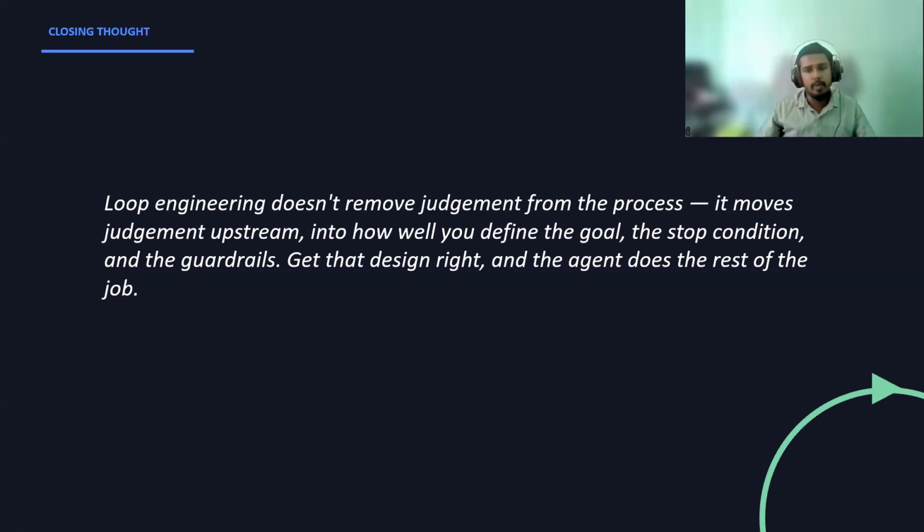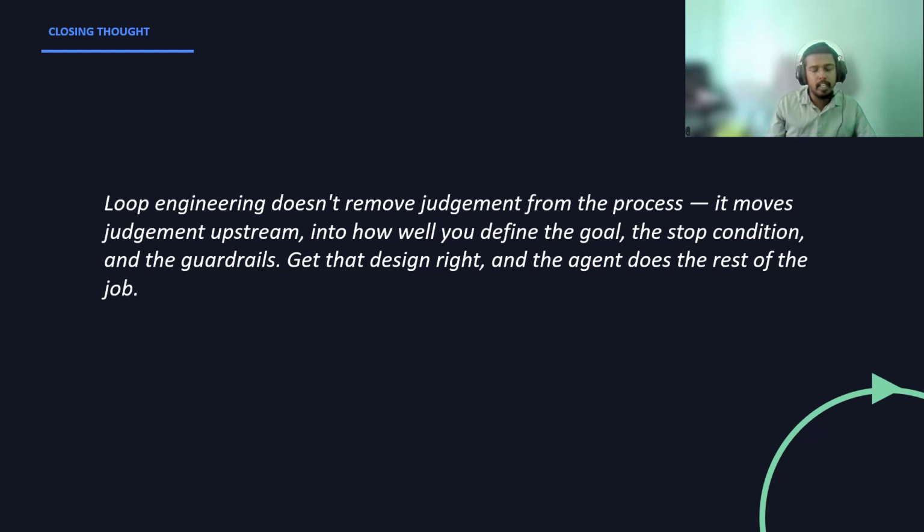So I hope you have got some knowledge about what loop engineering is. Loop engineering is an evolving process. It is basically replacing the manual AI workflow done by the human with AI agents.